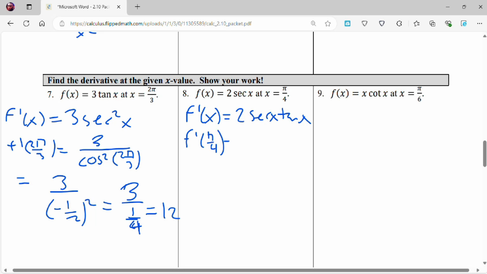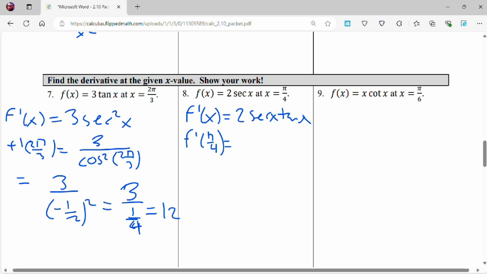You always want to try to rewrite in sine and cosine, unless you're just a master of the unit circle and you just know the secant x, cosecant x values. You should be doing this in sine and cosine to make it easier.